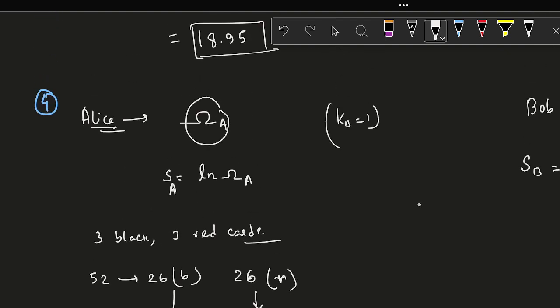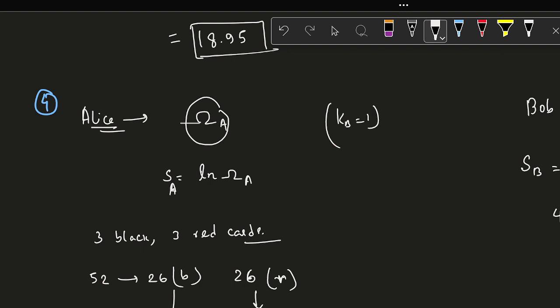Now for Bob we'll do the same thing and calculate omega_B. Bob has 4 black and 2 red cards. Again, out of 26 black cards and 26 red cards in the total deck, you have to choose 4 black and 2 red. So we take 26C4 for black and 26C2 for red, and multiply both of them to get the total.